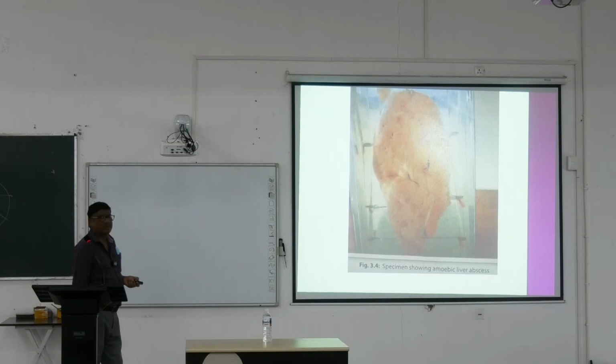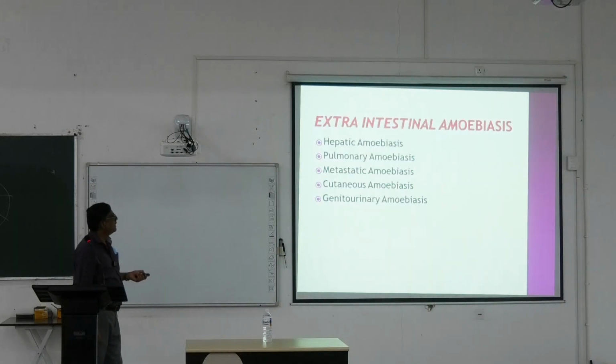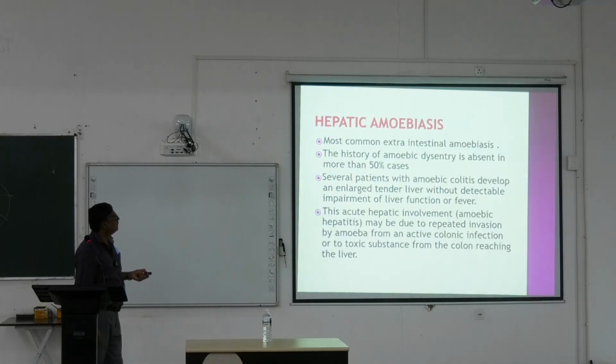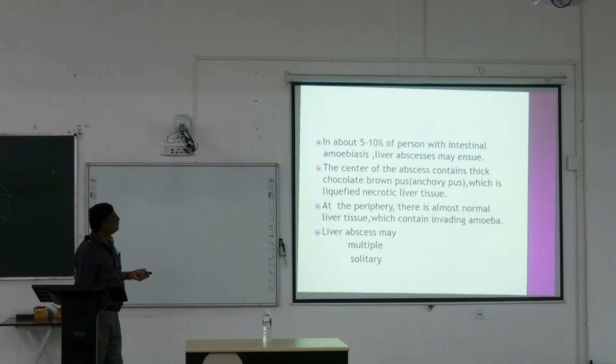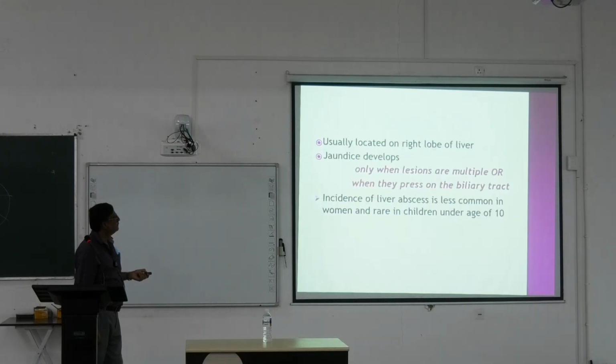For the specimen of liver abscess, anchovy sauce-like, brown colored pus is aspirated. The lesion is typically located on the right lobe of the liver.